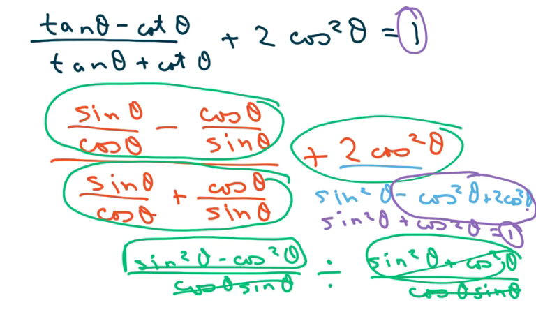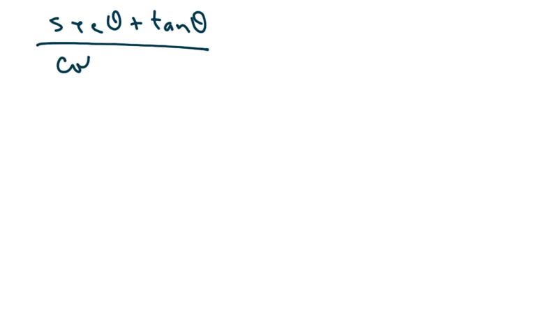Okay. We have one more of these, so let's get to it. We have secant theta plus tan. These are all very similar. And we have cotan of theta plus cosine of theta. And this is supposed to equal tan of theta times secant of theta.